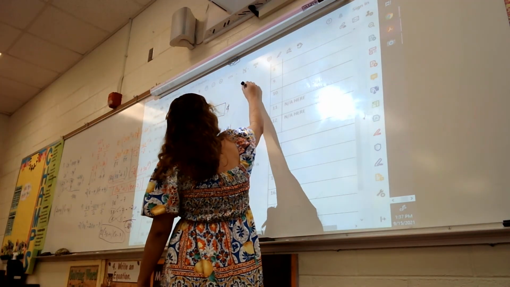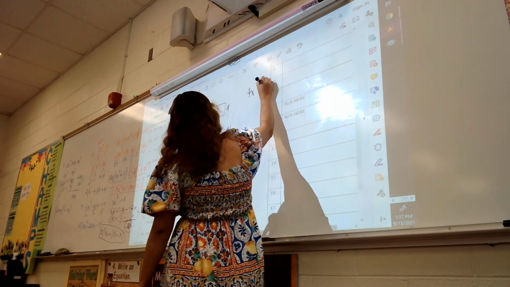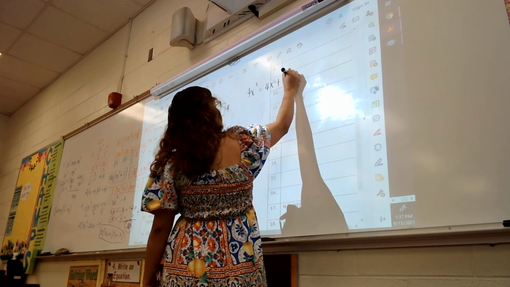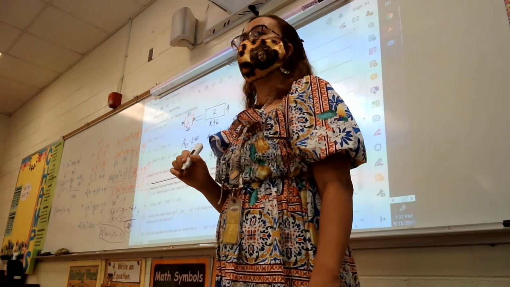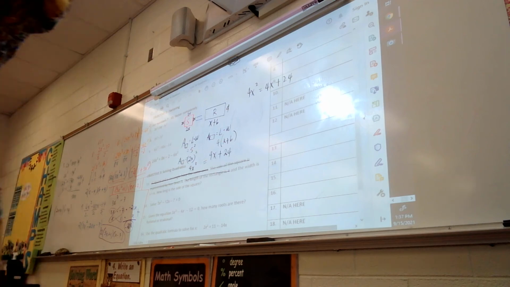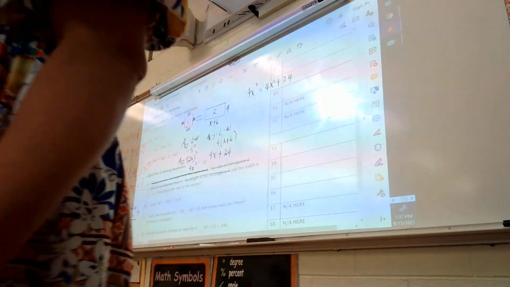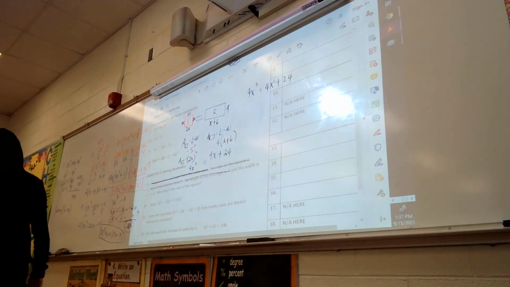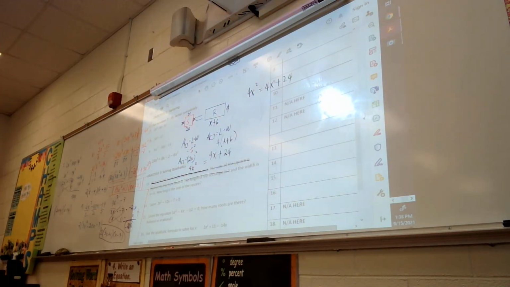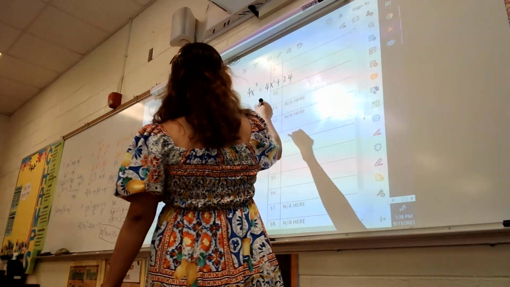Now, if they are equal to each other, we need to solve. How? Can we cancel one out and then 4x squared?